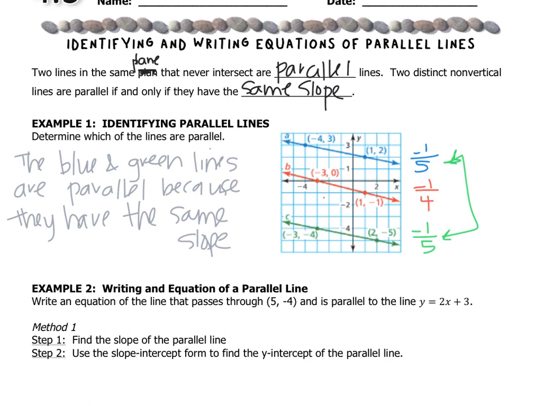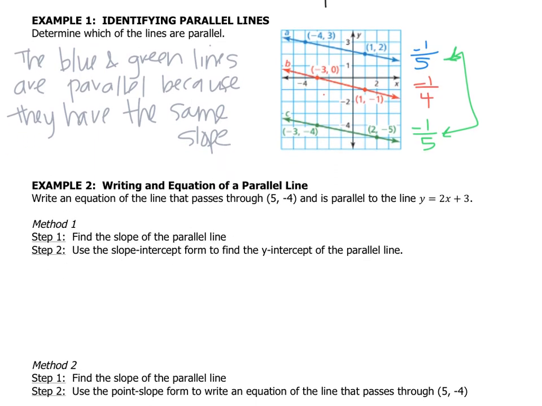In this next example, we're going to combine our skills from knowing about parallel lines, but also from the point slope formula. So in example 2, they give us a point, and they tell us that they want it to be parallel to this line. Now, parallel means that it has the same slope, so the slope m is still 2. The question is, what's the intercept?